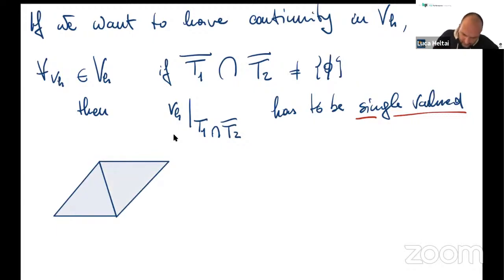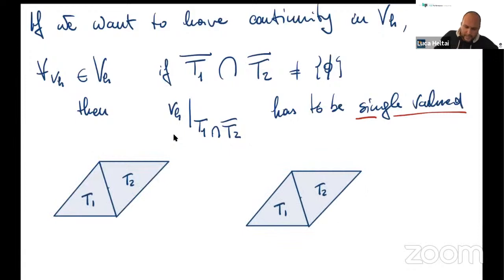This is T1, this is T2, and here we have the two vertices that are shared between these two, and the edge which is in between them. Now let me copy this on the side.